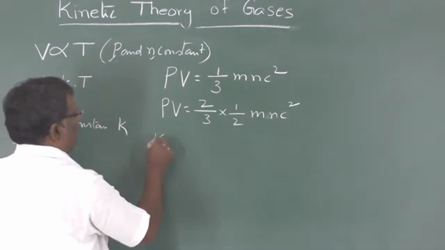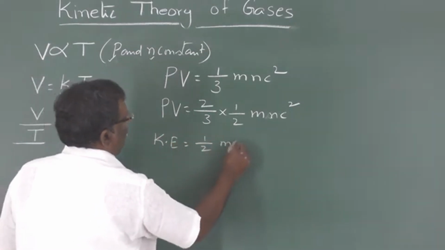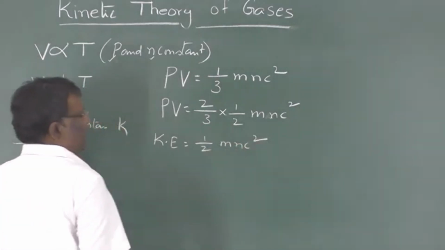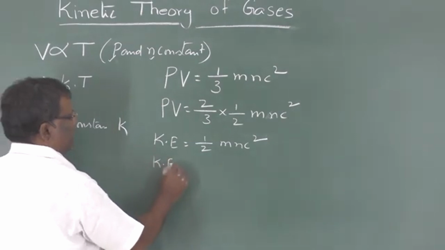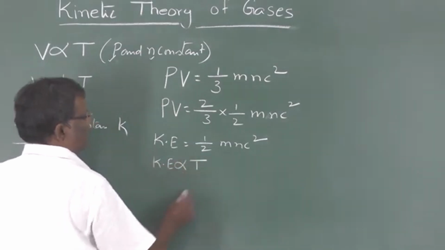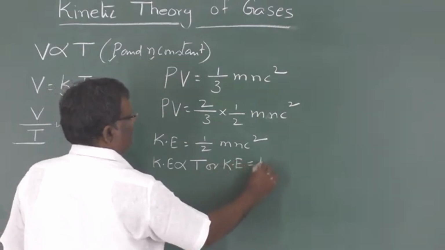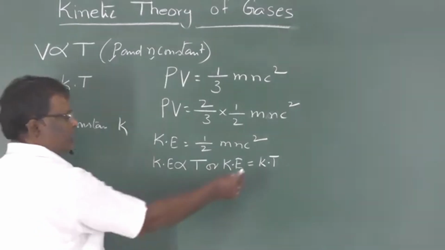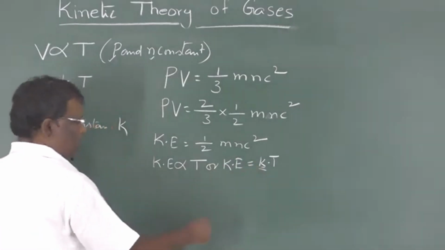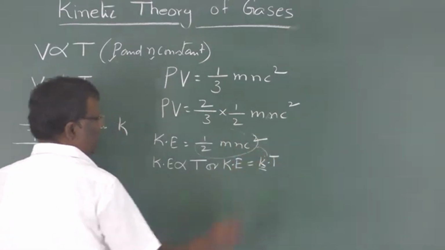So, KE, the kinetic energy of N molecules, is equal to half mnc square. According to the kinetic molecular theory of gases, kinetic energy KE is directly proportional to T, or KE is equal to K into T, where K is a constant. Now, instead of half mnc square, we can take this K into T.